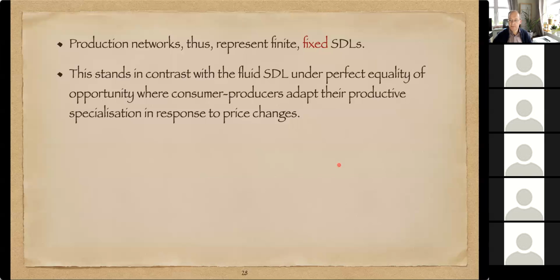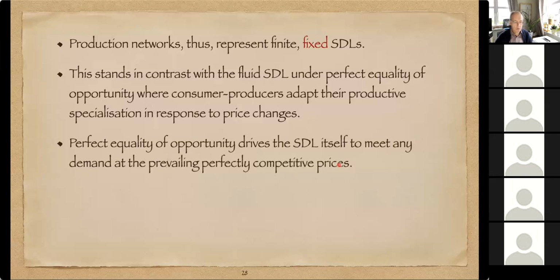So how flexible a production network is and how resilient it is in response to shocks, it is only partially described by the network that we use to represent that. There are elements missing, and that missing element is this adaptation. That is very important to realize. So I emphasize again what I started with, essentially.